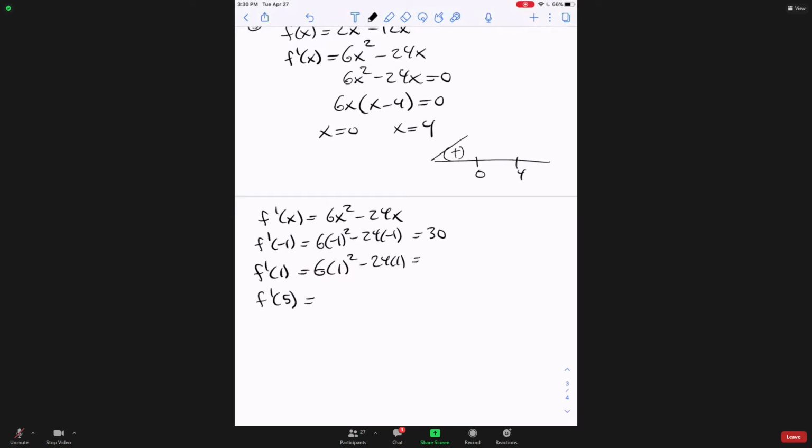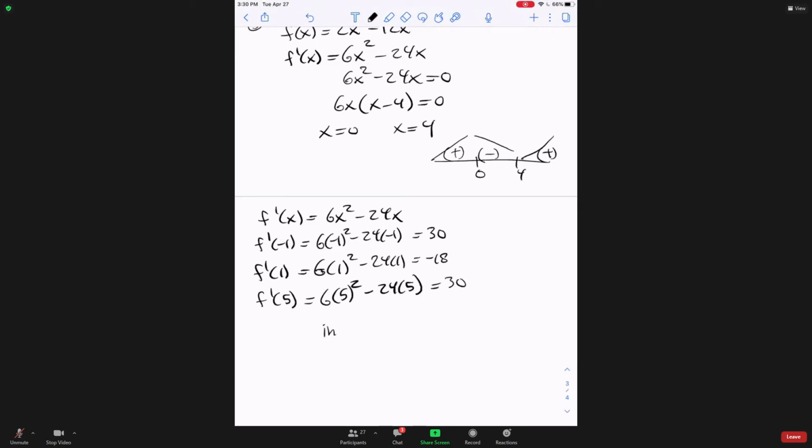So 6 minus 24 is -18. So it's negative. Now, again, if you pick, let's say 2 or 3 or any other value between 0 and 4, you would still get a negative result, which means decreasing. Now plugging in a 5. 6 times 25 is 150 minus 120 is 30.